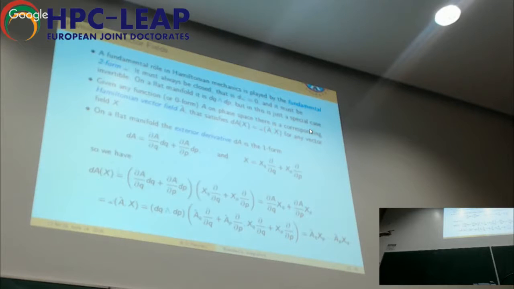And so the dq can act on the d by dq of the first argument, leaving me with 1, so I get A hat of q, and then the dp would act on the second argument, and dp acting on d by dq is 0, but dp acting on d by dp gives me 1, so that just gives me x sub p, so I get A hat of q times x sub p.